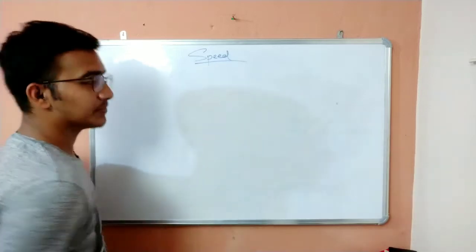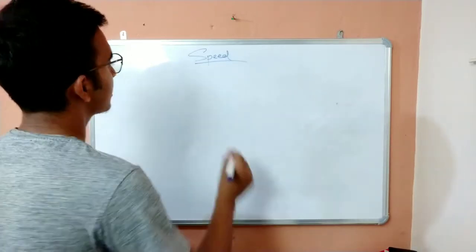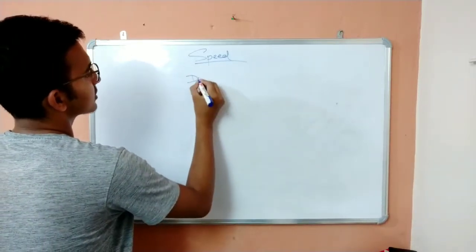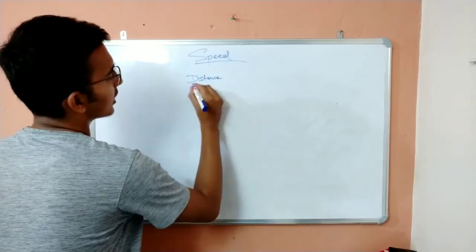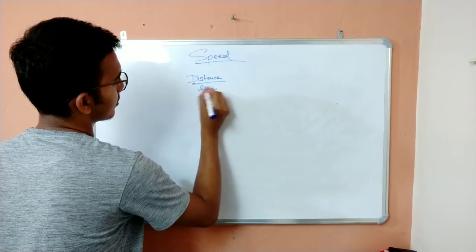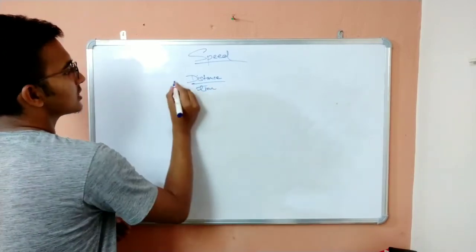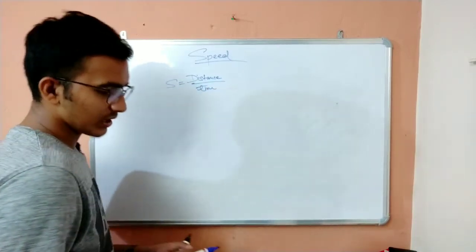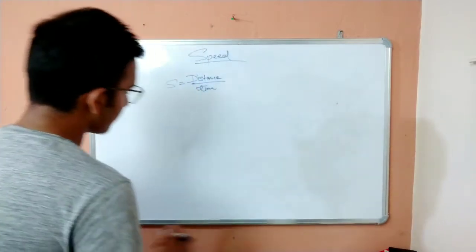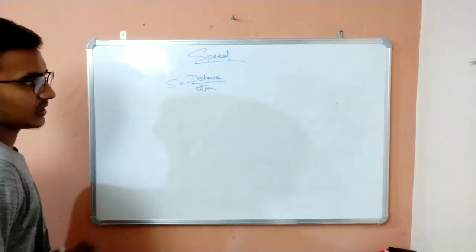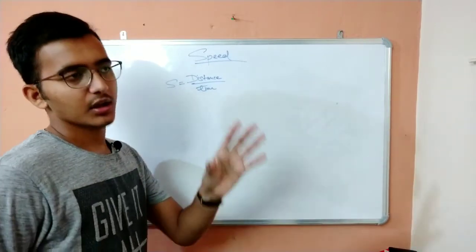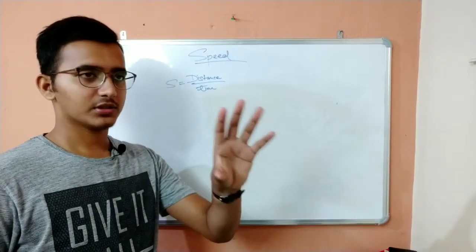So, what is speed? Speed is basically distance over time. This is speed. What does this mean? Basically, the total distance covered at a particular time is called speed.